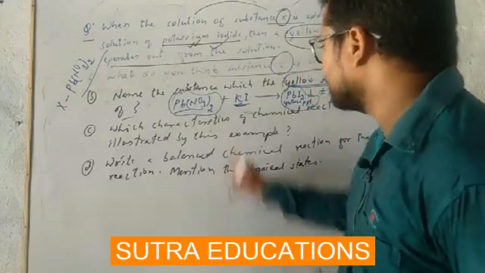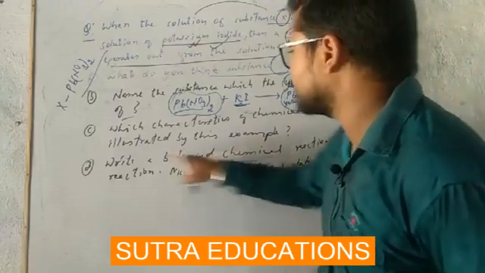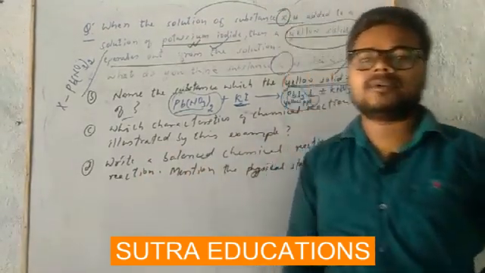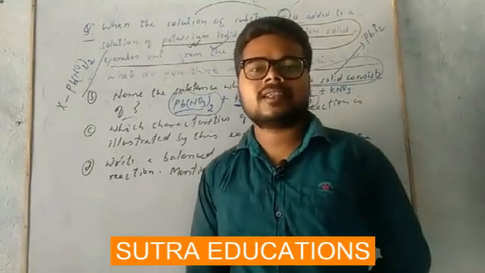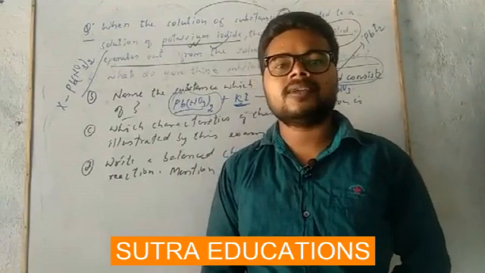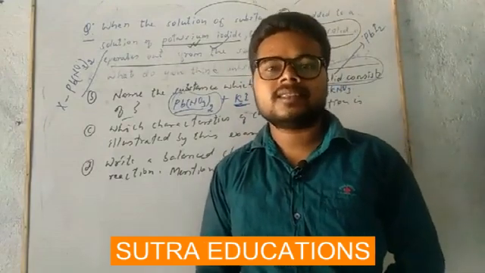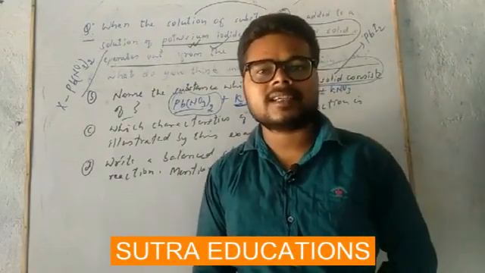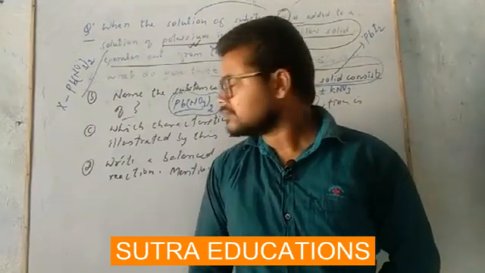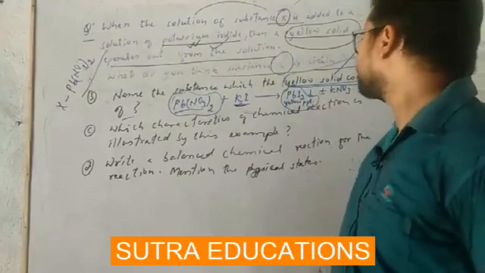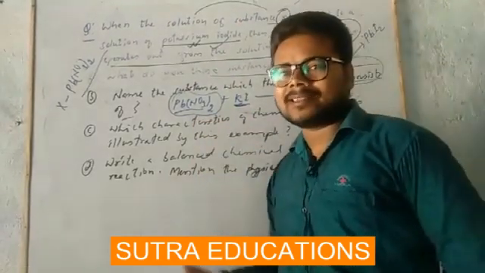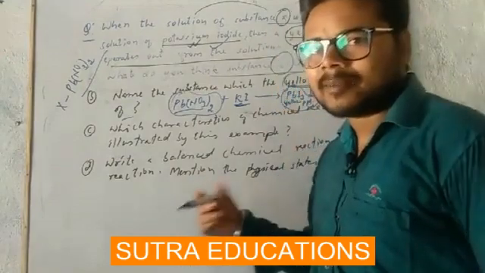Come to the third part. Which characteristic of a chemical reaction is illustrated by this example? I have told you a chemical reaction is characterized by five properties: evolution of gas, change in temperature, change in state, formation of precipitate. Getting it or not? From this reaction, which characteristic is coming out?